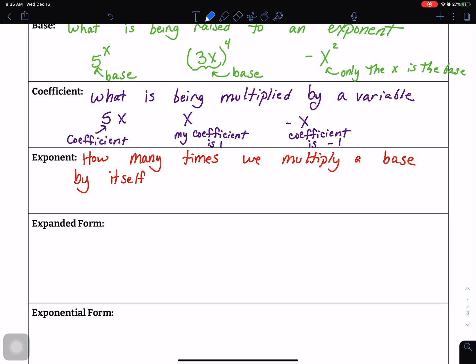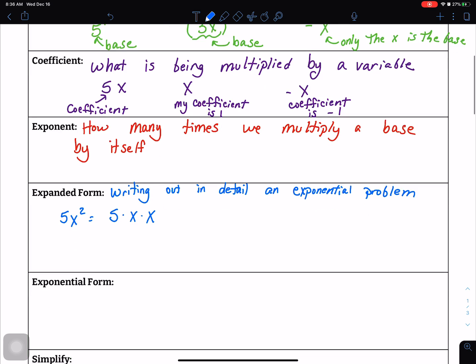So expanded form is writing out in detail, in this case, an exponent problem, or exponential problem. So 5x squared is equal to 5 times x times x. We don't want to use an x as a times because otherwise that gets really confusing with our variables.